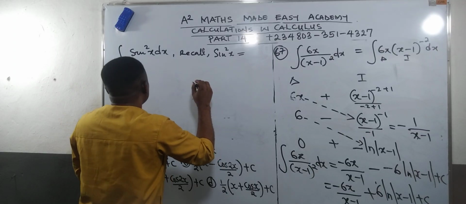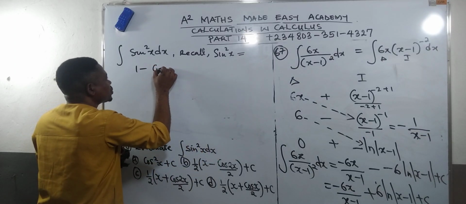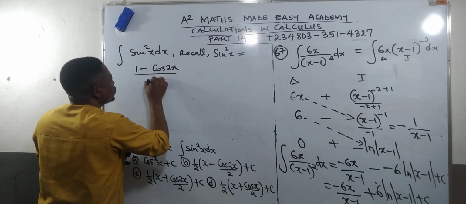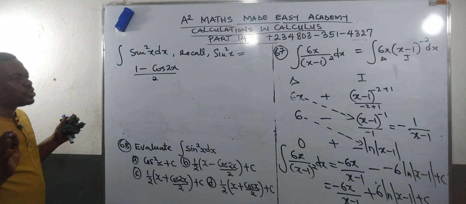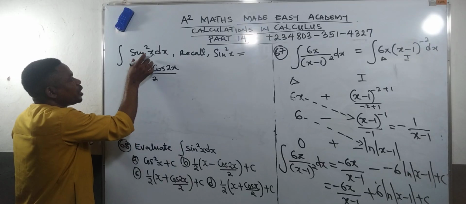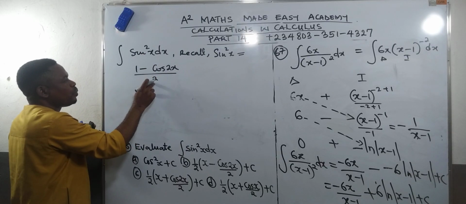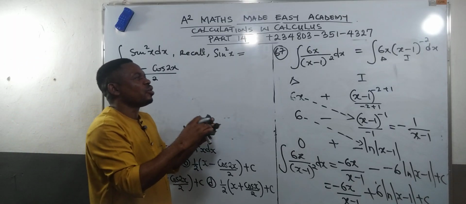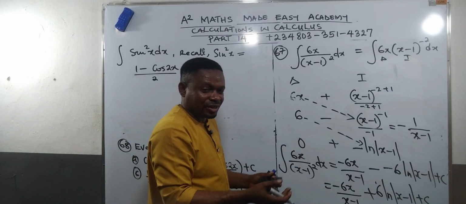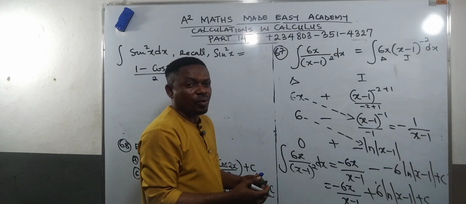Are you with me now? Watch. 1 minus cos 2x all over 2. That is what it means. So if that is justified, which means I'm removing this now and introduce this. Somebody may ask how. I will prove this when I'll be taking you a normal class under integration. Are you with me? By trigonometry.